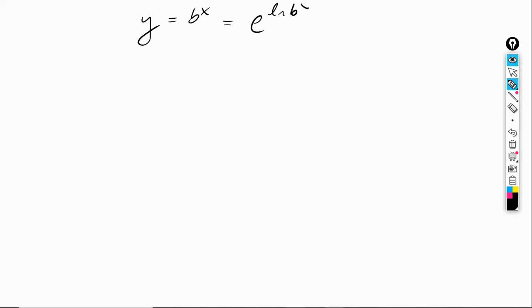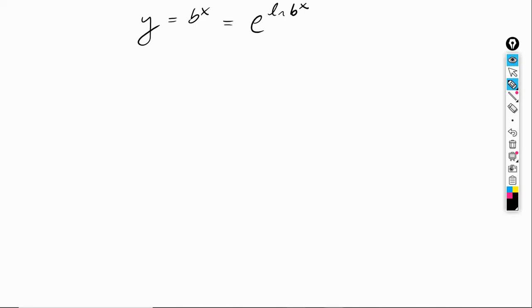But what happens in the case where we have an exponential function in the form of y equals b to the x, where base b is a number different from Euler's number? Well, we're going to use Euler's number precisely to find the derivative of this. So notice that I could rewrite b to the x as Euler's number to the power of natural logarithm of b to the x, right?